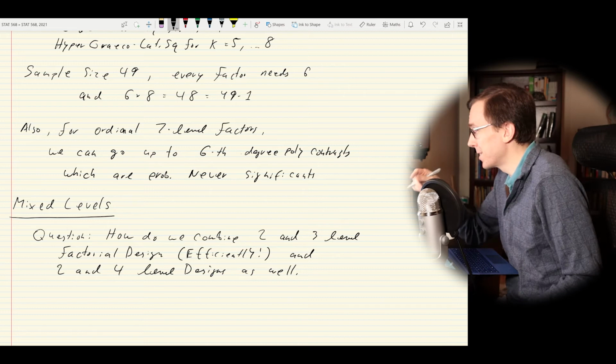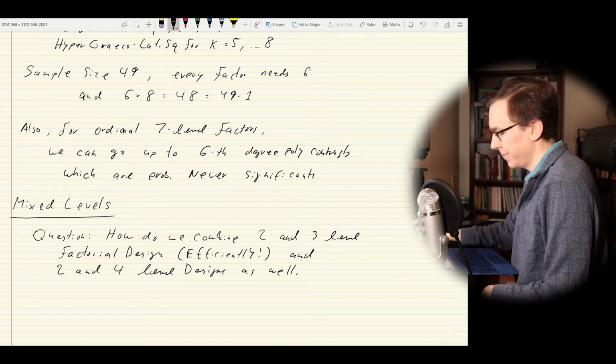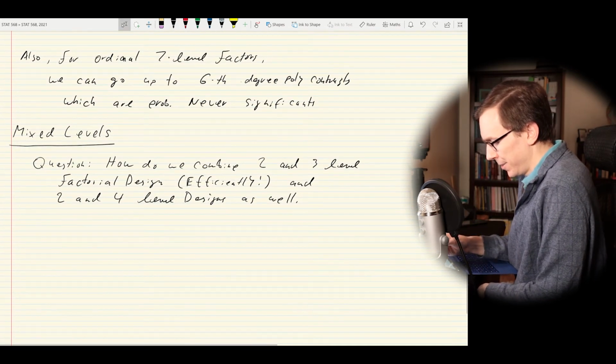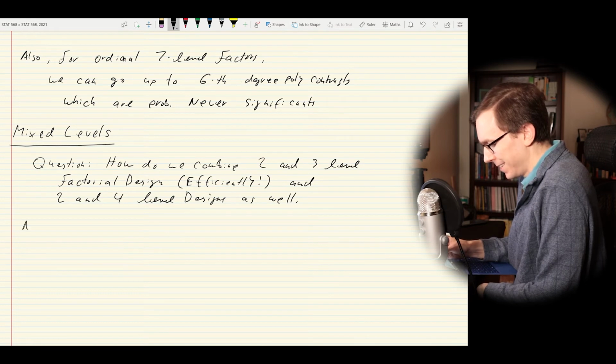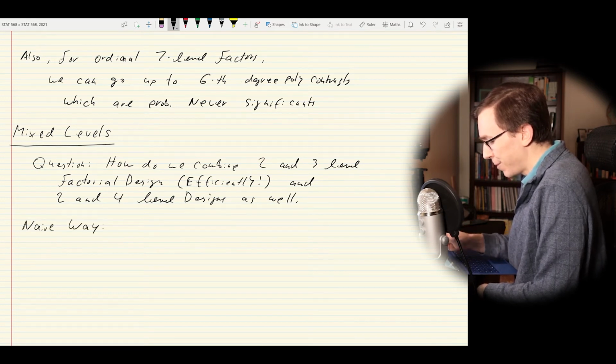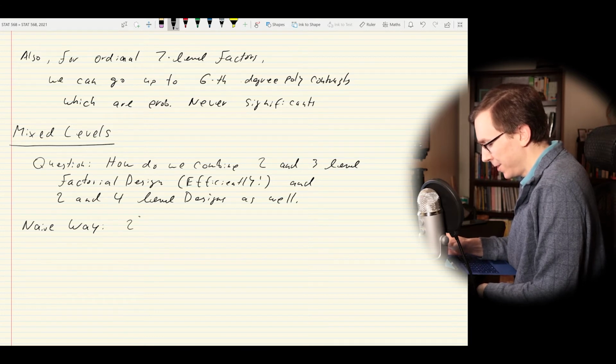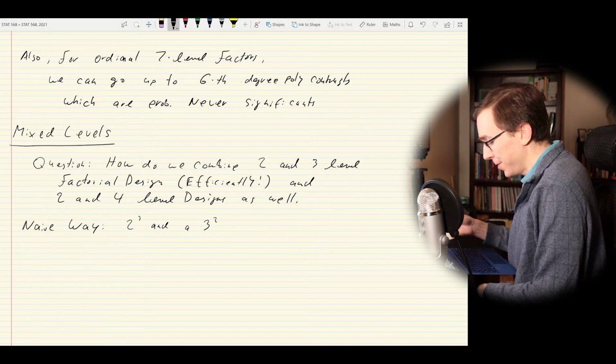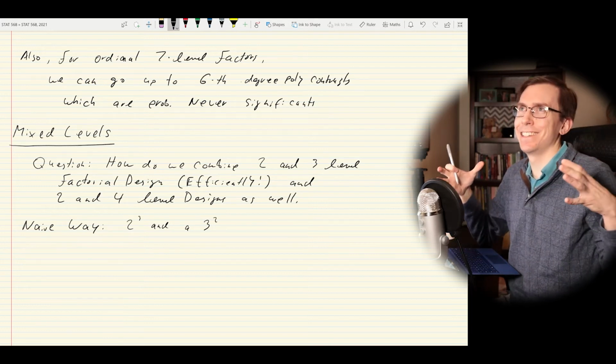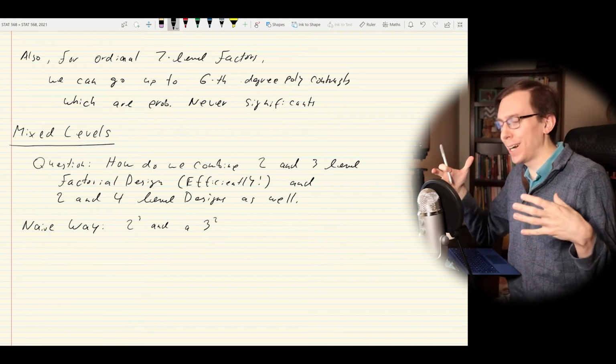So what I'm going to do is an example really fast. Let's talk about the naive way. The naive way, if I have, let's say, a 2 to the 3 and a 3 to the 2, is to basically just mathematically tensor product them together.